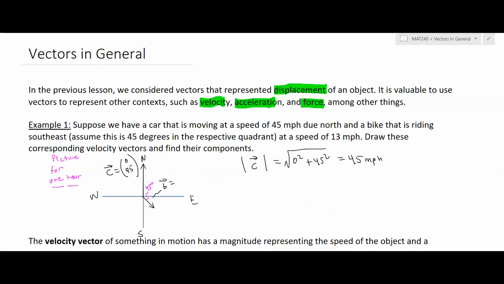So if I take a moment and draw that same vector and triangulate this picture, I know that this is my 45-degree angle, and I also know that this is 13 miles long. Again, we're thinking about this as the picture over the course of 1 hour. So in 1 hour, that bike would move from the origin to the tip of that vector. This is going to be 13.